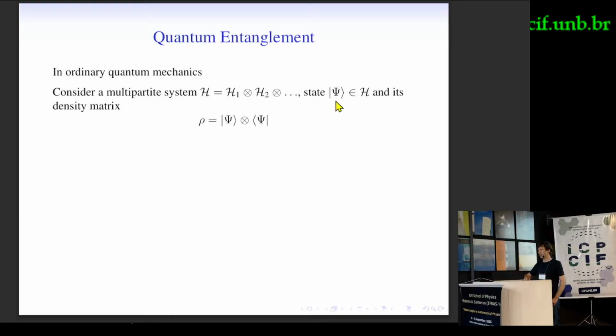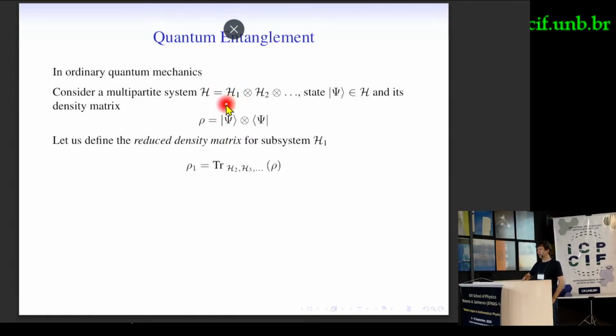You can take it and produce a density matrix by just considering a square of the vector, and then you can define something called the reduced density matrix. For example, if you want to just effectively work with subsystem 1, you can compute the partial trace with respect to all the other subsystems, which means that you take the density matrix and you sum over all indices which correspond to subsystem 2, 3, and so on.